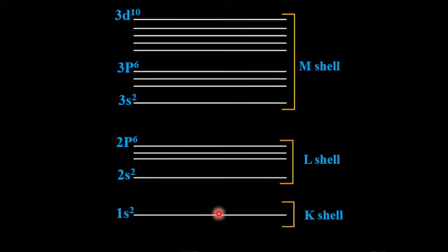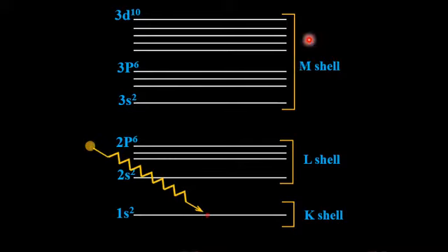Now, in Auger electron spectroscopy, an energetic beam of electrons falls on an electron present in a core shell. So this is the energetic beam of electrons which falls on the electron present in a core shell. Now, dear student, if the energy of the electron beam is higher than the binding energy of this core shell electron, then this electron will be ejected from the atom.